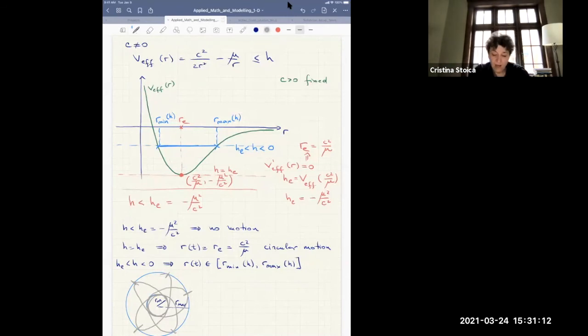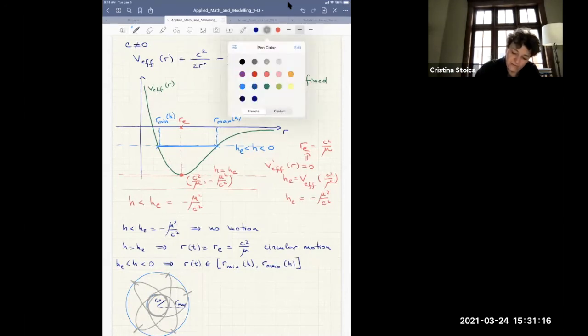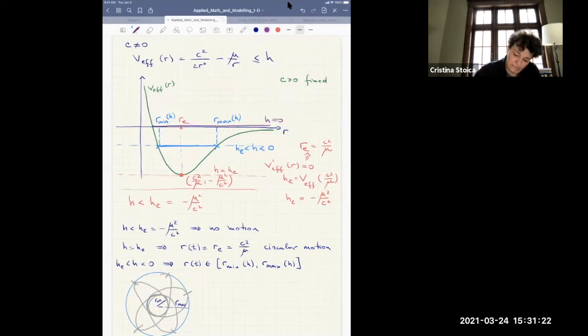All right, now I'm going with the energy at 0, right? When we have the energy at level 0, here it is. So this is H equals 0. And then even higher than 0, there is an R min possible that again will depend on H, but then the satellite just runs away.